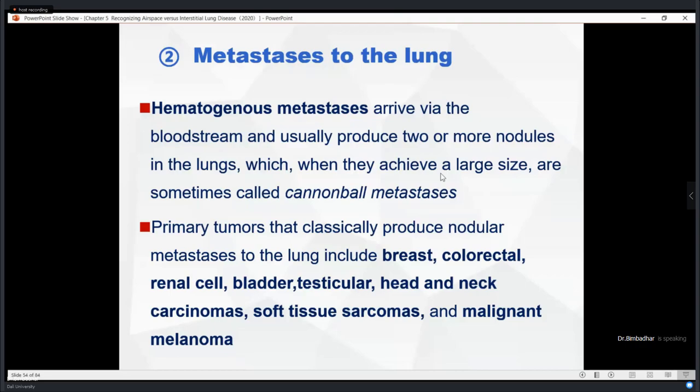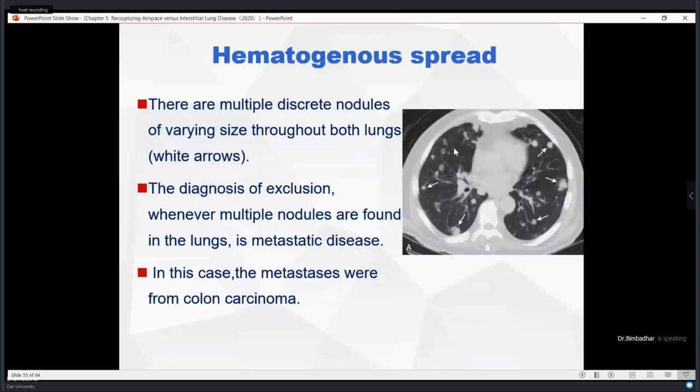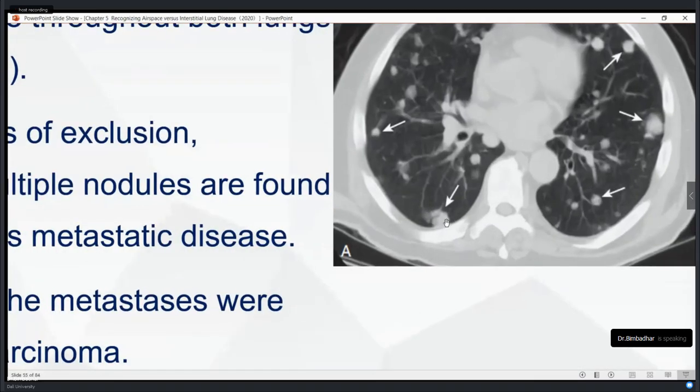Okay, let us look at this image. You see here, there are bigger opacities that are diffusely present, and when you look closely, there is an attachment of this lesion to the surrounding structure. So this is what the spiculation usually means.